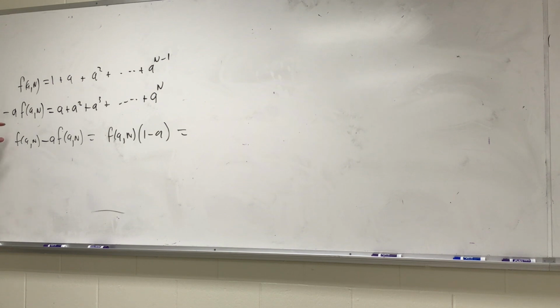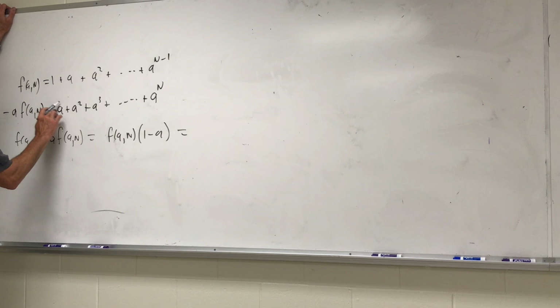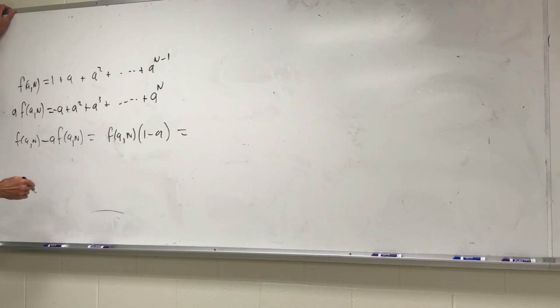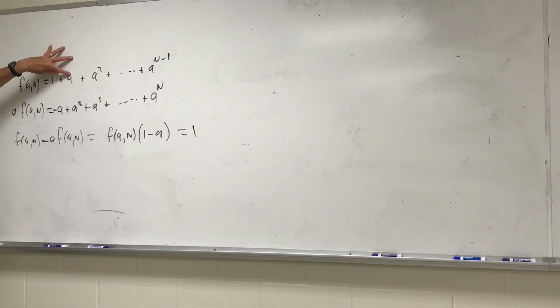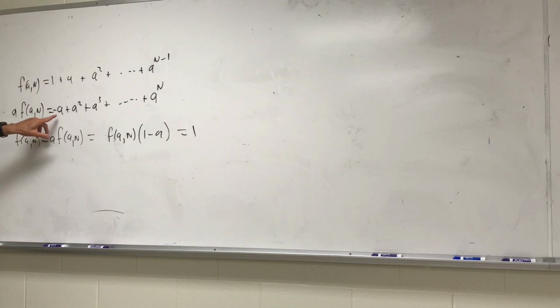Now subtract this from that. You can see all these things will become negative. I'll just leave it alone. So I have 1 up here, but I have no 1 down here, so I'm left with 1. The next term I have up here is a, but I'm subtracting a from it, so that goes away. Then I have a squared, but I'm subtracting an a squared.